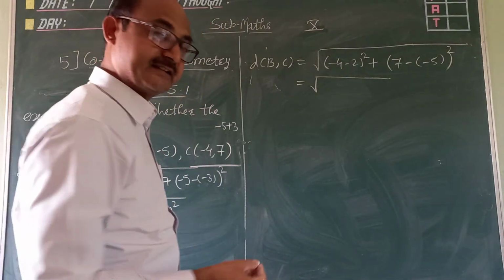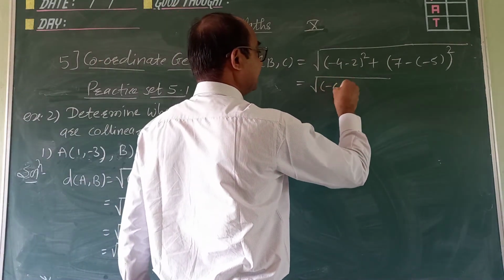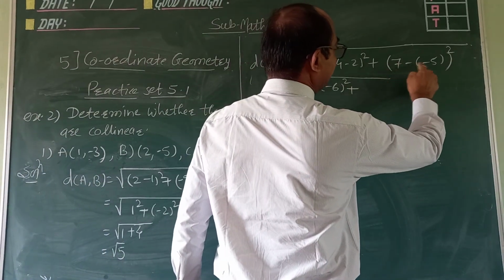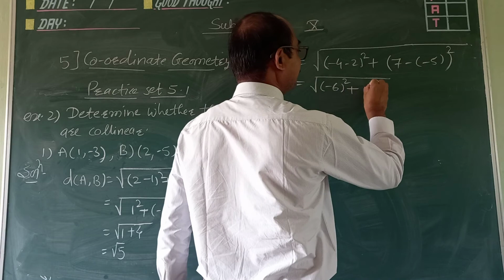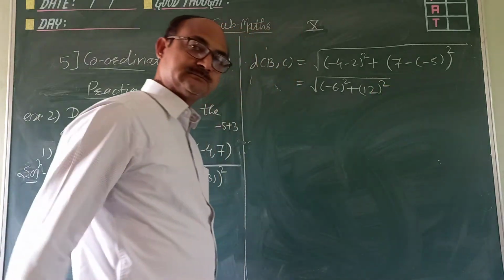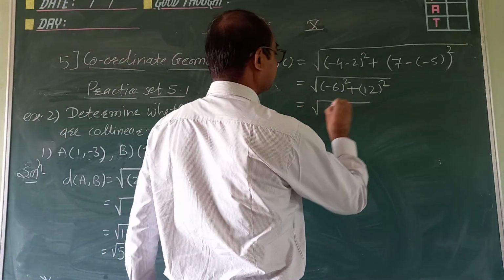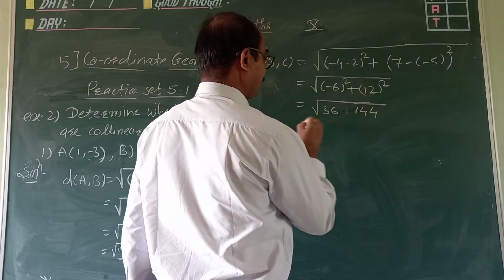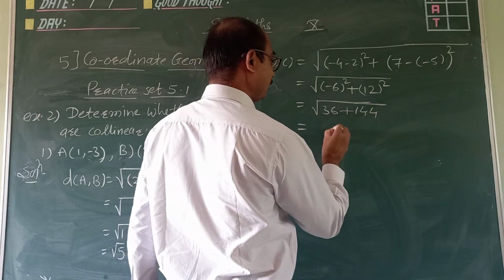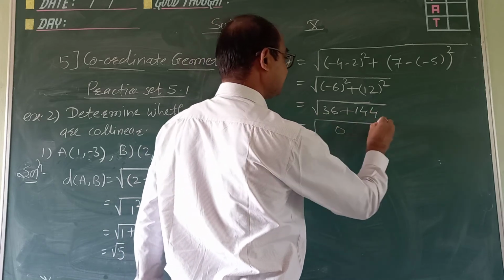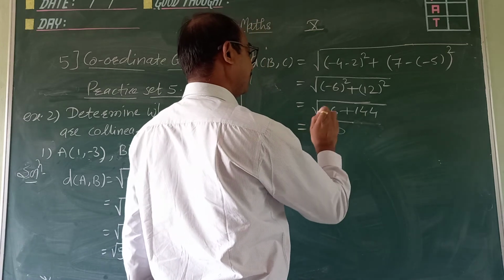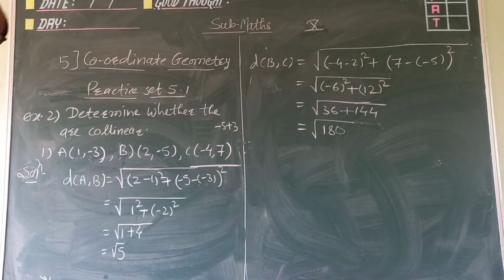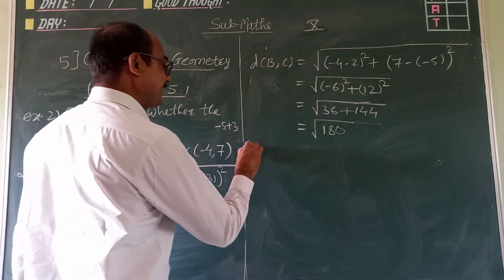Minus means both are the same sign, so addition: minus 6 bracket square plus, here minus minus becomes plus, 7 plus 5, 12 square. So minus 6 square is plus 36, and 12 square is 144. So the addition of this is 180. Okay, then distance AC.